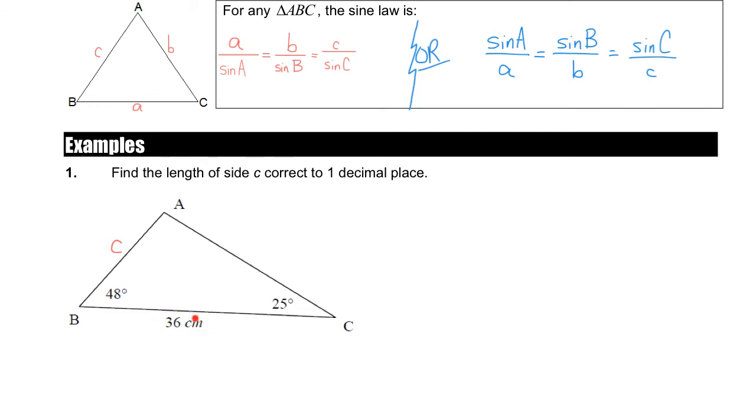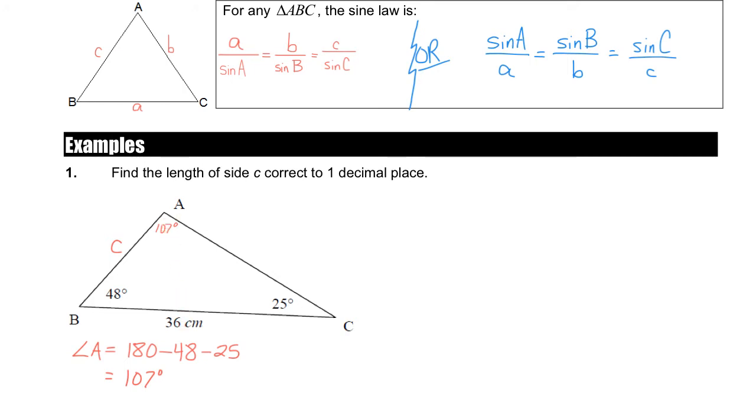That's the only side length I know. So I need this angle in order to have a complete ratio. Well, if I know two angles, I automatically know the third one because they have to add up to 180. So my angle A is 107 degrees. Okay, so now I have a complete set, an angle with its opposite side.